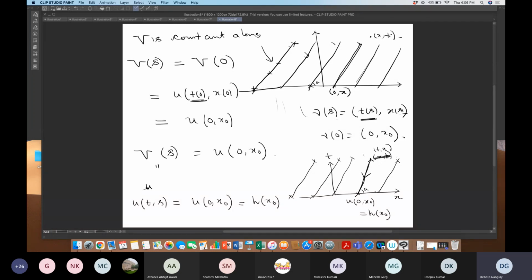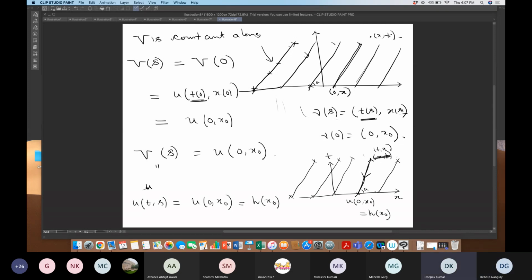Now can't you substitute x naught in terms of a and something? This is a straight line joining the point P and A. So you should have something in terms of t, s, right?